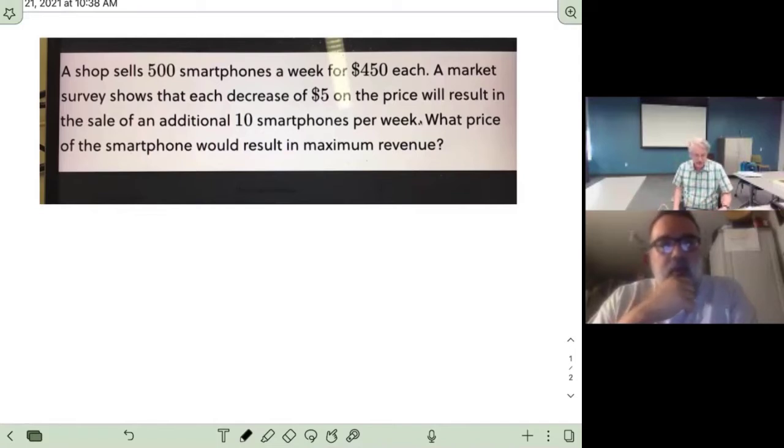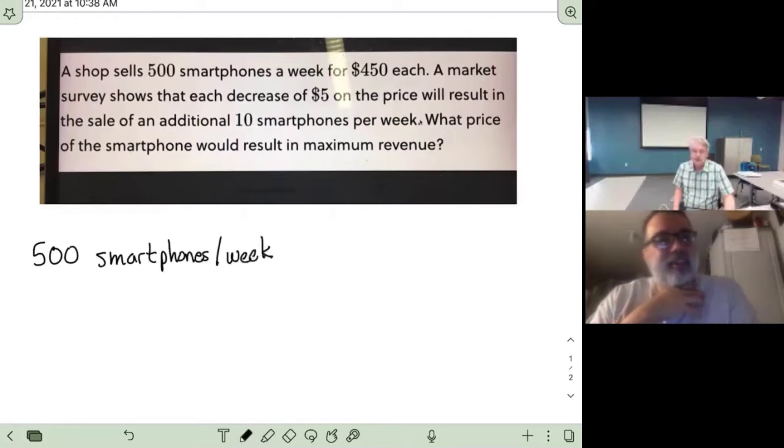So we've got a shop and it sells 500 smartphones per week. I'm just going to write that out over here. Is that anywhere realistic, do you think? Like how many phones do you think a shop would sell? That's a good question. I don't know.